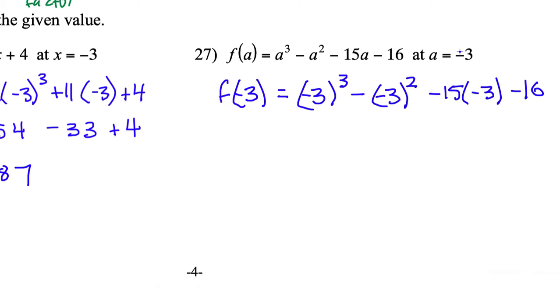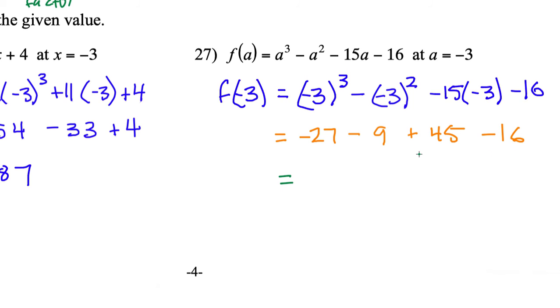Again, just plugging in all those -3s. And when I do that, -3 to the power of 3 is -27. -3 to the power of 2 is 9. But I still have this minus sign, so it's minus 9. -3 times this 15 is -15, and then double negative makes this a positive. Wait, 45. I don't know why I'm saying 15. 45, and then minus 16.